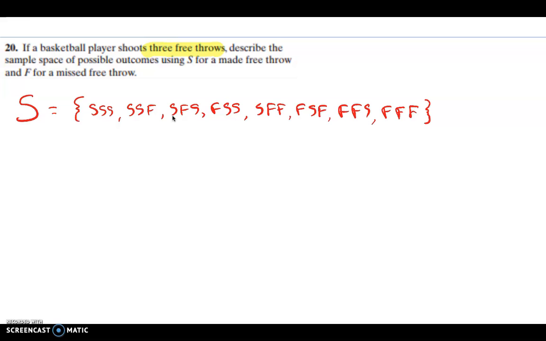And you can look and say, how many times do I see 2? 2 appears 3 times, so that would be 3 out of the 8, or a 3/8 probability. We could say 2 or more, and then we'd have to include the 3, and so on. But that's a look at how we use the sample space to establish probabilities.